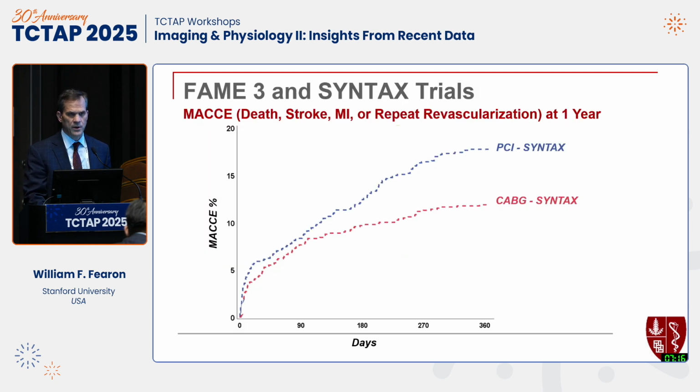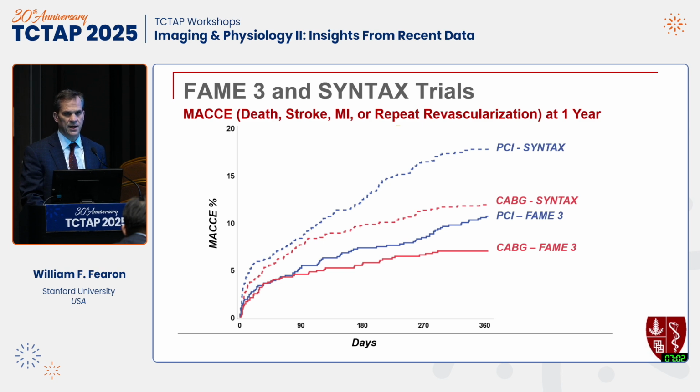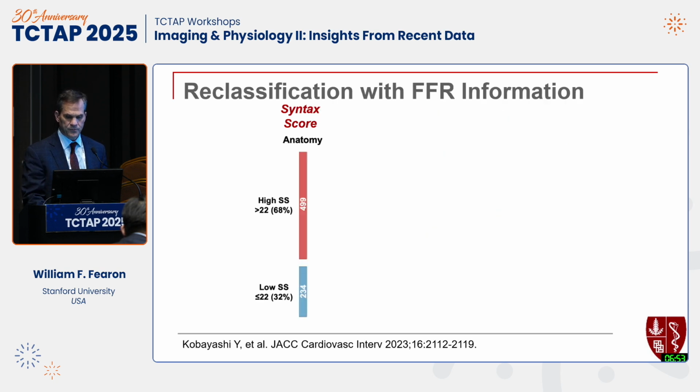However, when we compare FAME-3 to the SYNTAX trial, which had a basically identical primary endpoint at 1 year, you see that the outcomes in both the PCI and the CABG arm are more favorable compared to SYNTAX, and the difference between PCI and CABG has narrowed significantly.